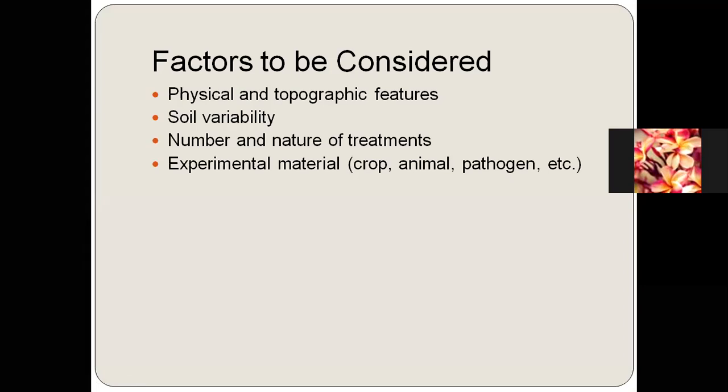Then the number and nature of the treatment. How many treatments? I have seen so many problems in getting the nature of the treatment. For example, I'm going to test the department recommendation, urea, let's say as a basal dressing.